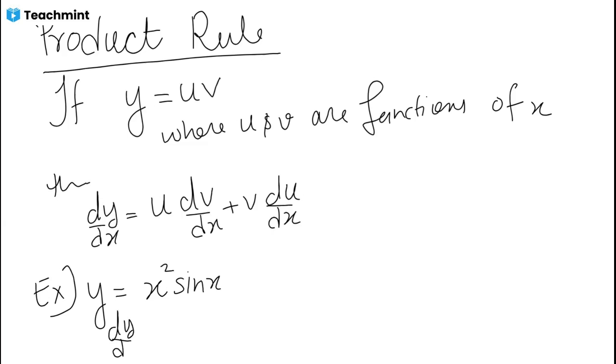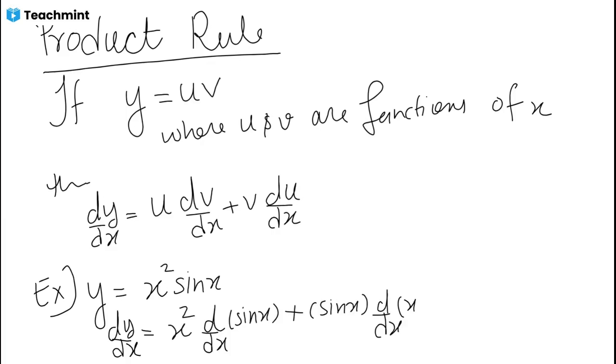So dy over dx is first function x square, into derivative of second function, plus second function into derivative of first function. We are using this rule, product rule.